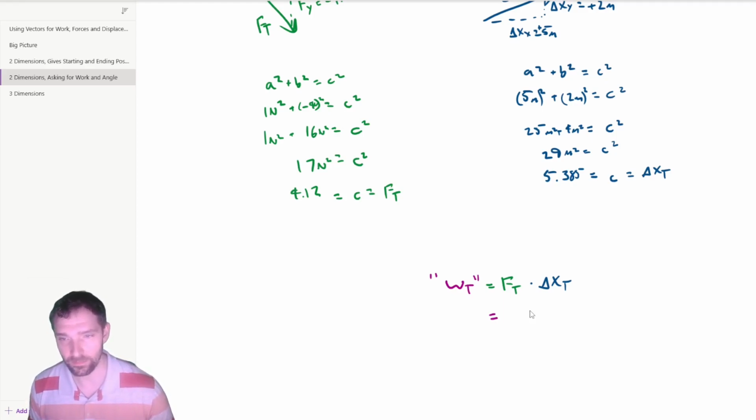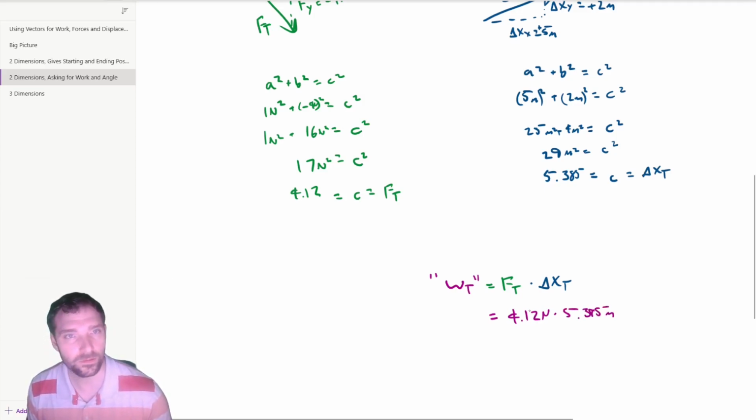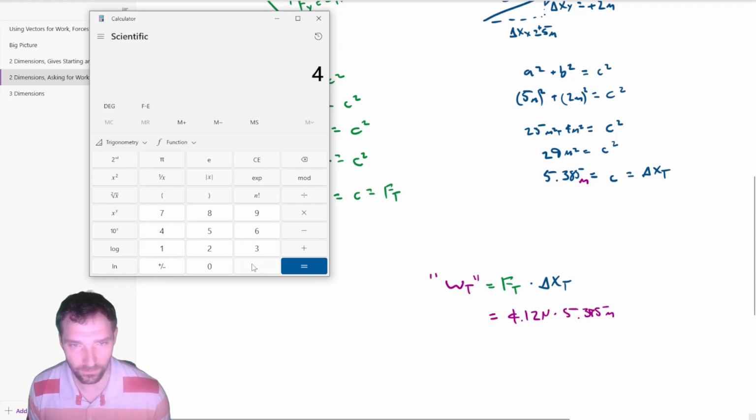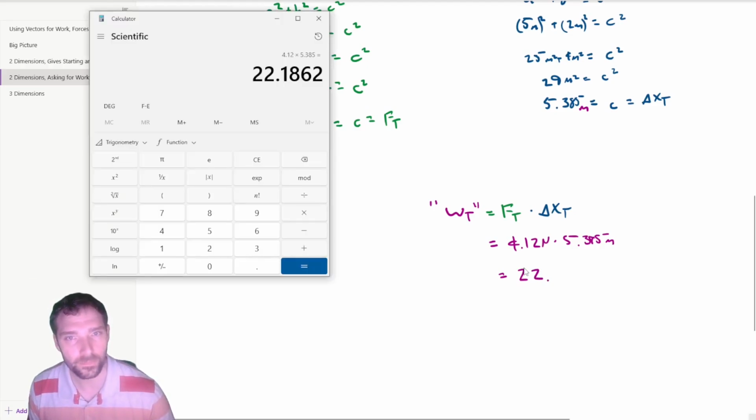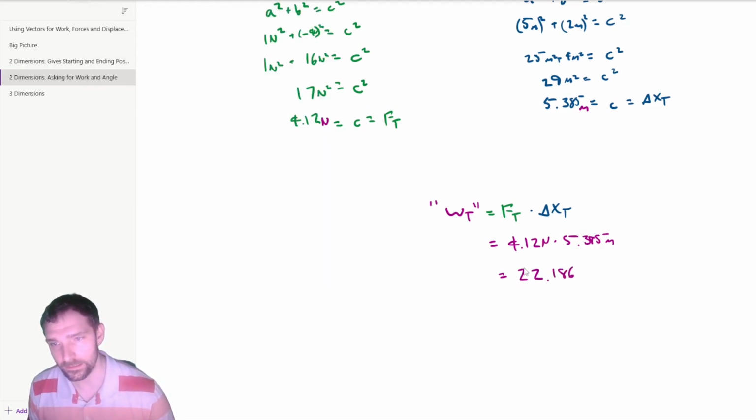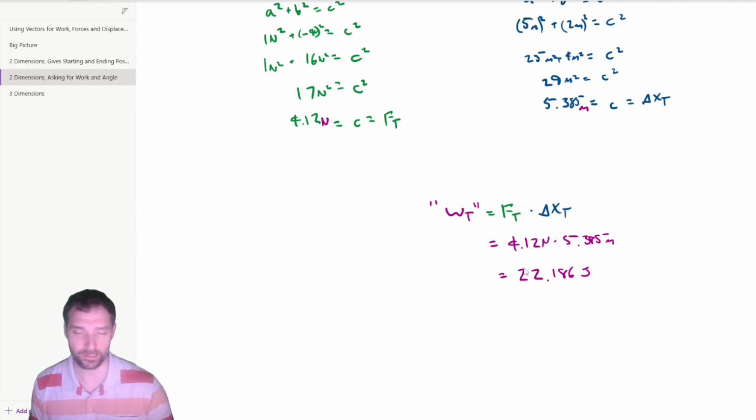So we can just plug in these two numbers, 4.12 newtons times the 5.385 meters. Then we can get that as a number. So 4.12 times 5.385, we get 22.186 joules. That it's like saying that we could potentially have gotten that.